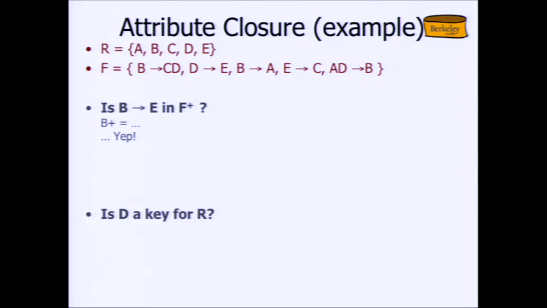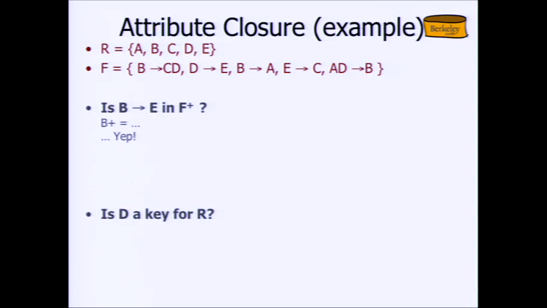So that's good. All right, how about this one? Is D a key for R? Let's go through this one a little more slowly. D determines what? E. Now we've got D plus so far equals an open-ended set starting with D and E. What does D and E determine together or singly? Oh yeah, E determines C. Cool.